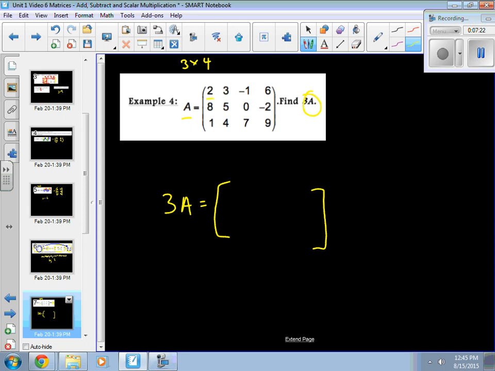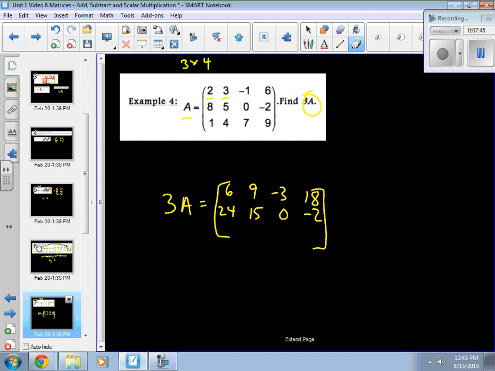So if we start here with 2, 2 times 3 is 6, 3 times 3 is 9, negative 1 times 3 is negative 3, 6 times 3 is 18. If you keep going here, you get 24, 15. Now 0, remember 0 times anything is still 0, so that number stays the same.